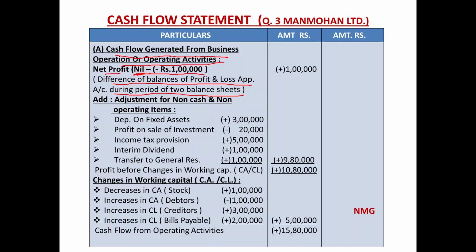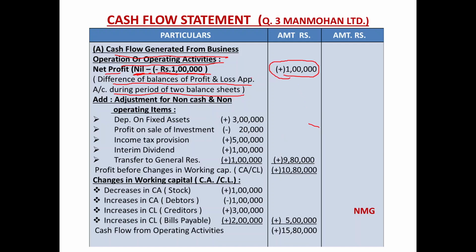So current year's profit nil minus, it is a debit balance, it is a loss balance, so minus rupees 1 lakh. Nil minus minus becomes plus, so nil plus 1, that gives the profit of the year rupees 1 lakh. So it is rupees 1 lakh.